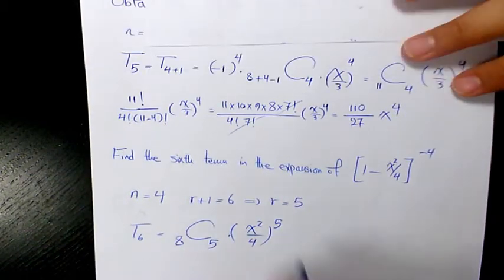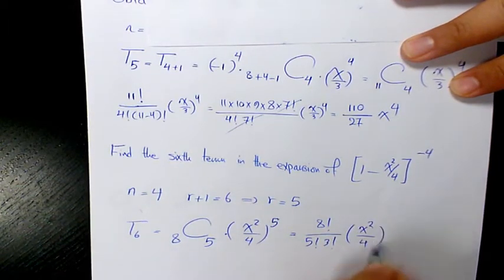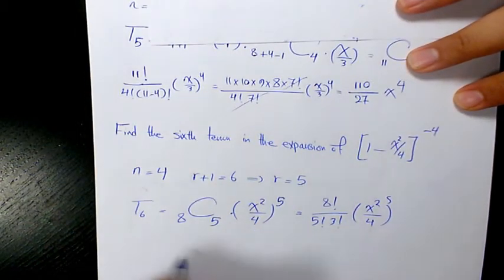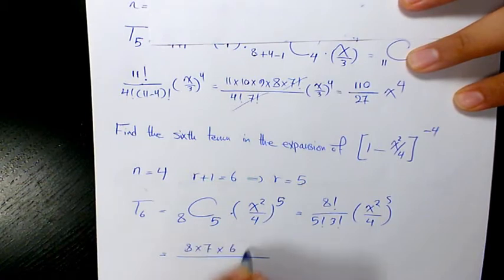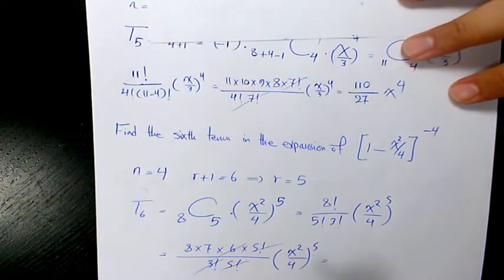So that's going to be 8 factorial over 5 factorial over 3 factorial, x squared over 4 to the power of 5. So that's going to be 8 times 7 times 6 times 5 factorial over 3 factorial 5 factorial. These two cancel out. x squared over 4 to the power of 5 will be, that's going to cancel out with 4.